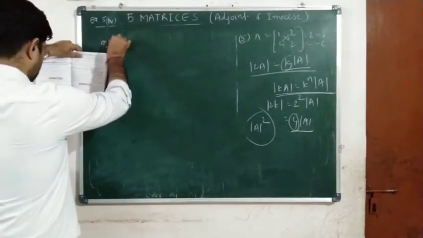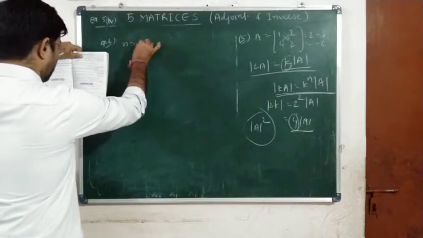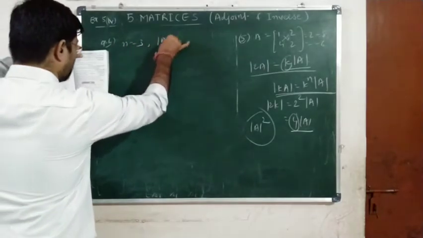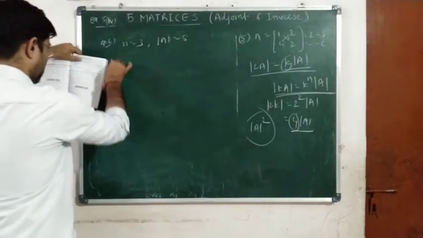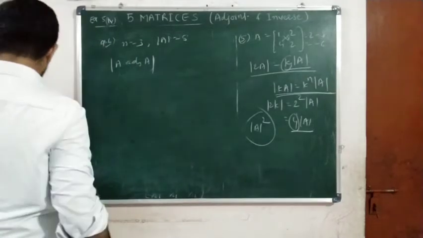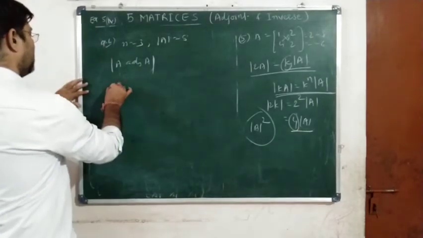Okay, now question number 6. Order of matrix A is given to be 3, determinant of A is given to be 5. We have to find the determinant of A into adjoint of A. Now let us recall the property.